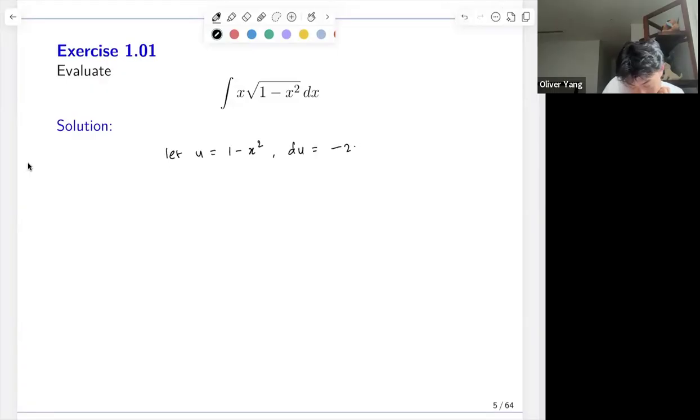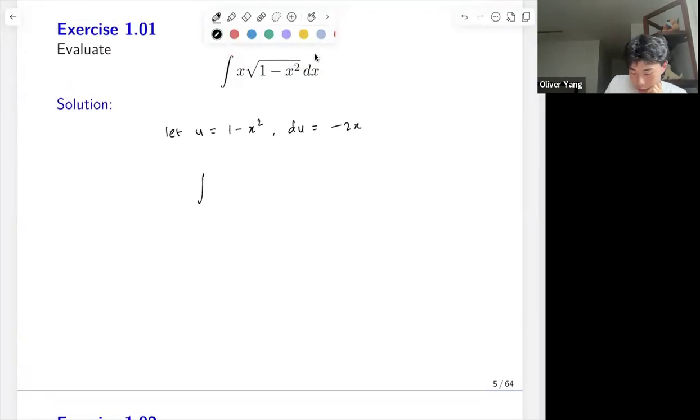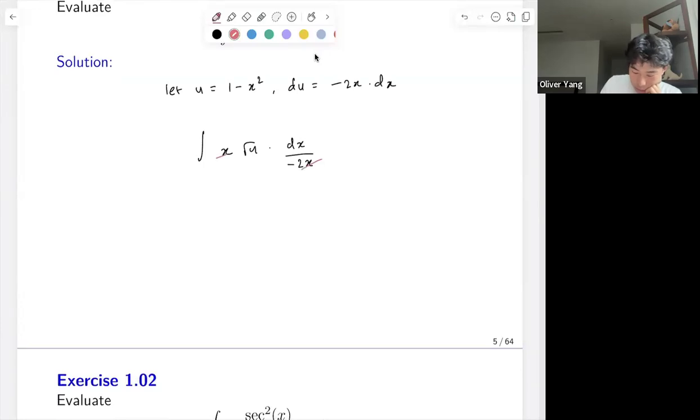We can substitute that in, and so our integrand becomes x times square root of u dx over negative 2x. So what I've rearranged here. Then the x's cross out. We can bring the negative half out, take the constant out. Oh, sorry, this should be du.